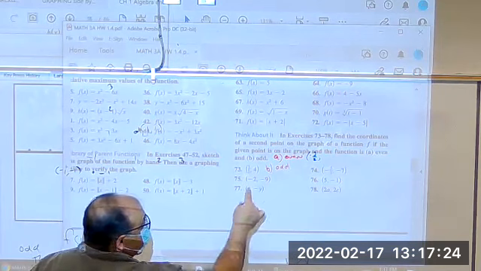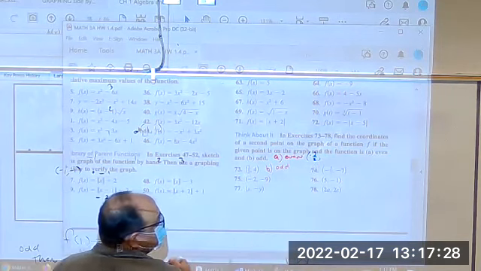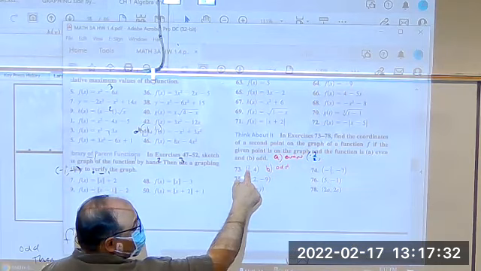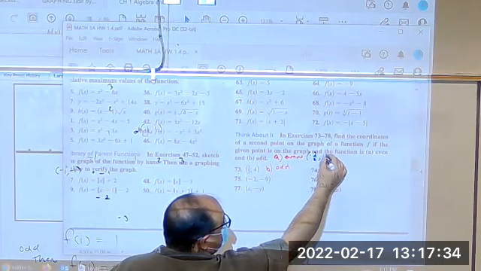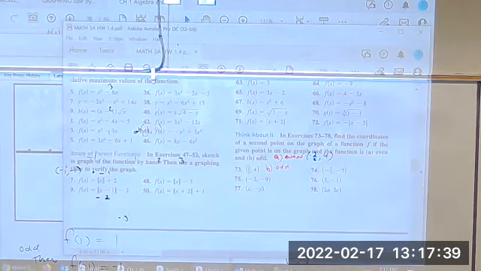So when I plug in -3/2, if it's even, what would the y have to be? It would have to be the same answer as it was on the other side. It's even. It has to be a 4. The y's have to be equal to be even. Equal is even.